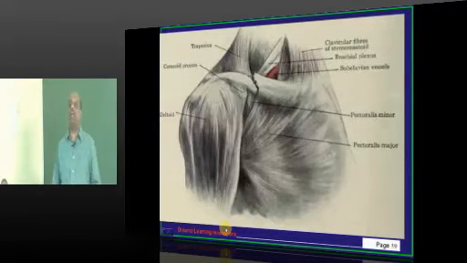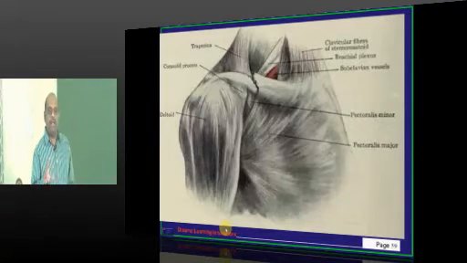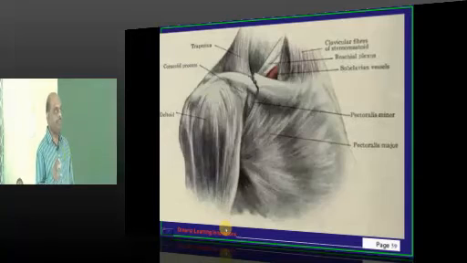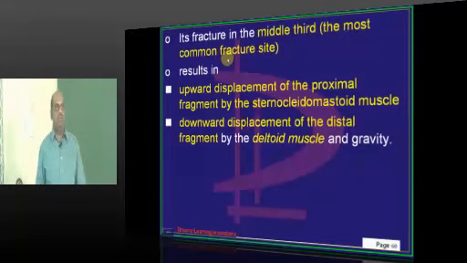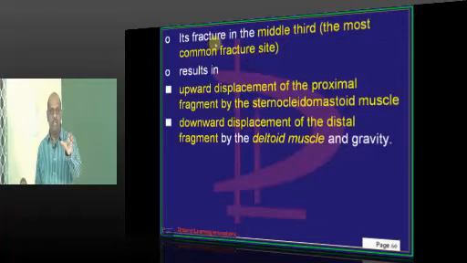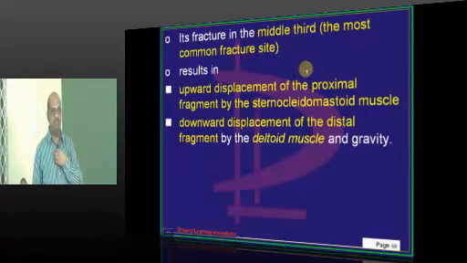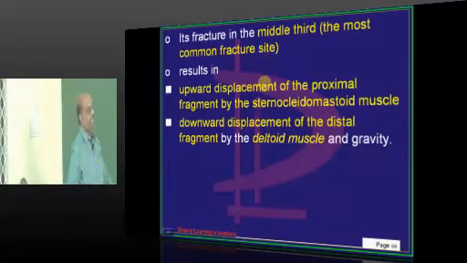Now, one of the common questions asked is, whenever the clavicle fractures, what is the common site of fracture? If you divide the clavicle into thirds, it is the middle third which is considered the most common site for the fracture.